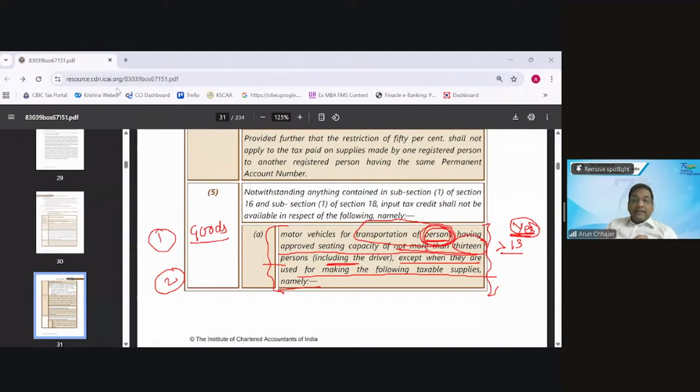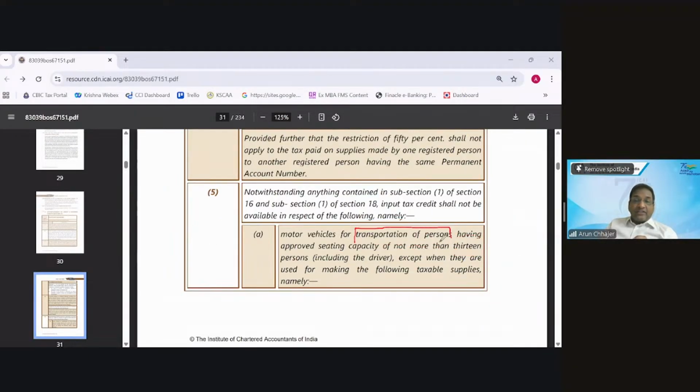Meaning thereby, two conditions are there. First, it should be transportation of persons, and second, it should be up to 13-seater. Then ITC is blocked. But again, for those vehicles for which ITC is blocked, you can take the ITC if they are used for the following taxable supplies.